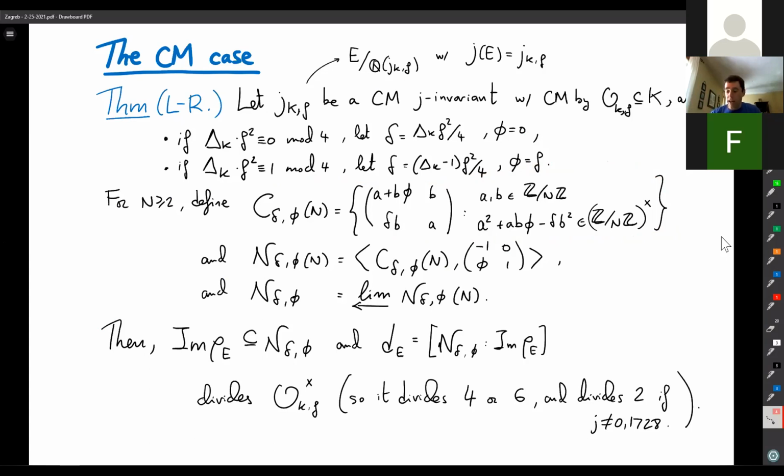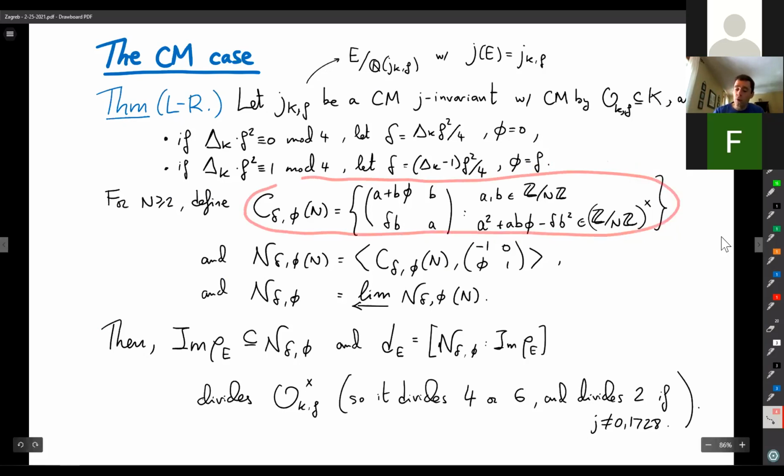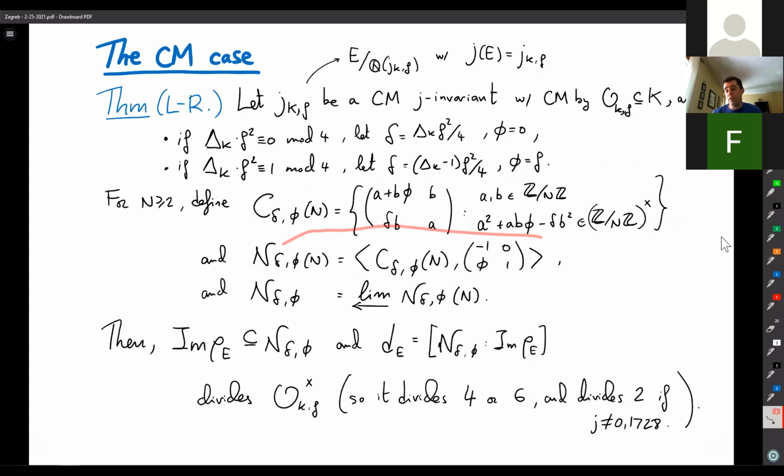For a generic N, these are a little bit more complicated. But in any case, there is what we call the Cartan subgroup, and what we call the normalizer of the Cartan subgroup. This is actually a misnomer, because for a generic N this is actually not the normalizer, but let's call it the normalizer.